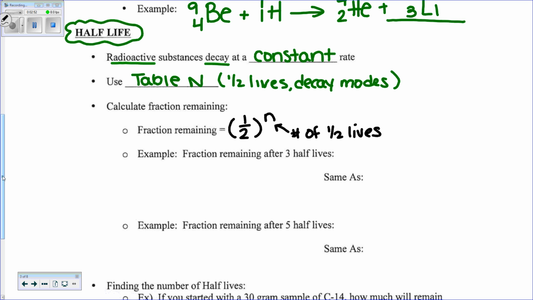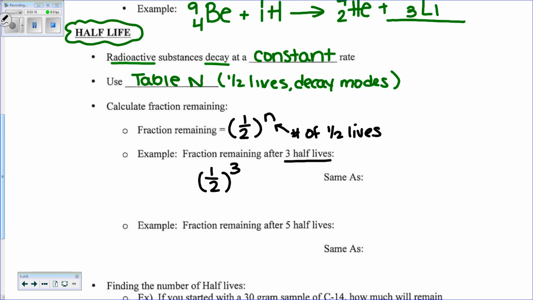We're going to do it via an example of if I wanted to know the fraction remaining after 3 half-lives. So if I want to do the fraction remaining after 3 half-lives, I would just go ahead and say, okay, 1/2 raised to the 3. I would plug that into my calculator, which I could do, but sometimes when I plug it in my calculator, I leave room for error.